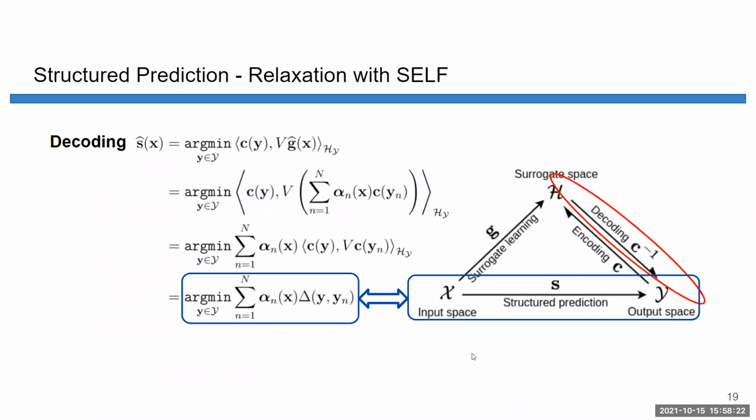And we substitute this G hat in this decoding rule. And by massaging these equations a little bit, we finally obtain this estimator, which solves the original structured prediction problem, as circled in this blue rectangle.